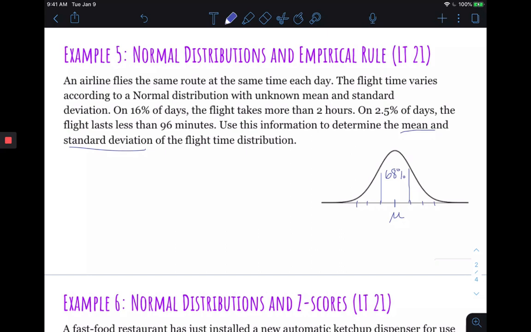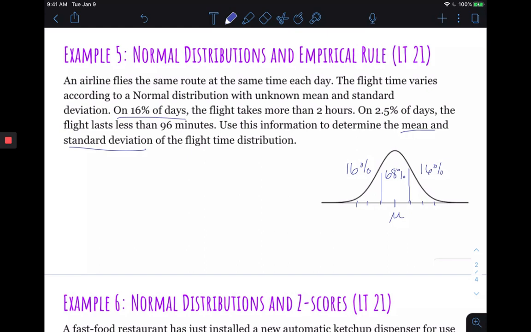And then if I figure out the tails outside of that, there's 32% left over. If you divide 32% by 2, you get 16% on this side and 16% on the other side. So it says 16%, I'm going to use that.